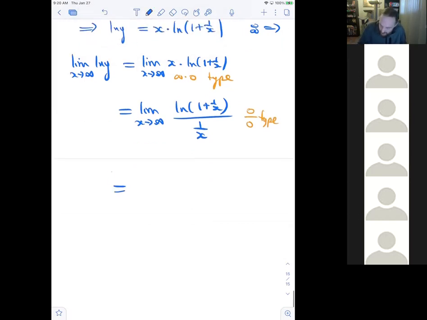This is equal to, by L'Hospital's rule, the limit as x approaches positive infinity. Now this is what I'm doing. The derivative of log is 1 over the inside. So 1 over the inside is going to be x over x plus 1 times the derivative of the inside, which is negative 1 over x squared, over the derivative of the bottom, which is also negative 1 over x squared.